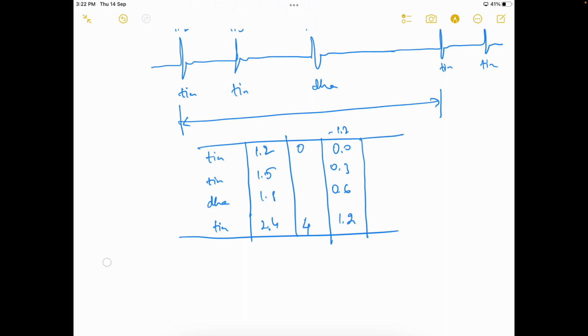Then you multiply with 4 upon 1.2, whatever that comes out to be. How much will that be? 40 upon 12. So 10 by 3, so 3.3. So multiply with that. So how much does it become?